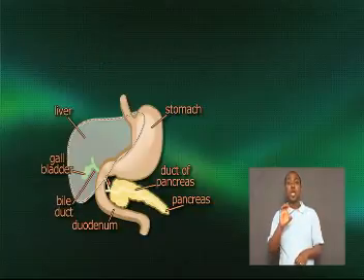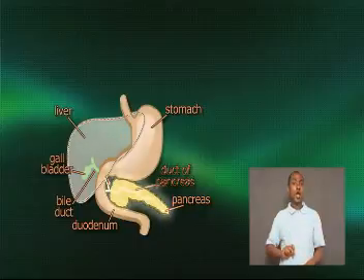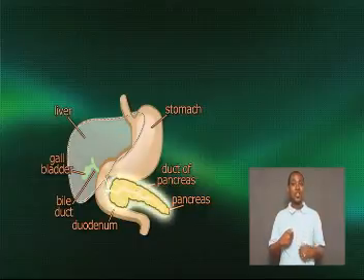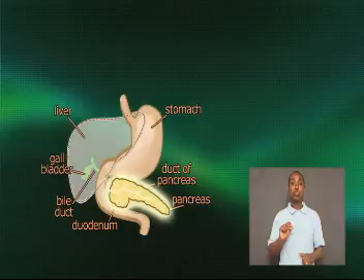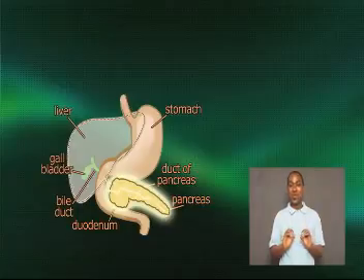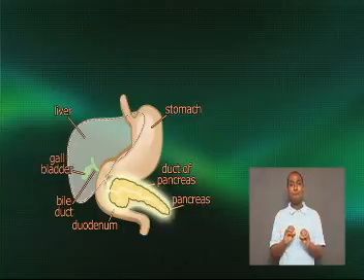The other enzymes that are mixed with the food paste in the small intestine are supplied by the pancreas. The first part of the small intestine cannot make its own enzymes as food enters the small intestine from the stomach. The enzymes are released from the pancreas and mixed with the food by muscle contractions.